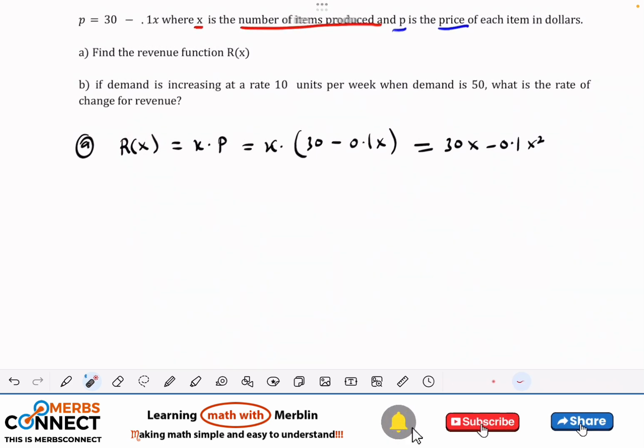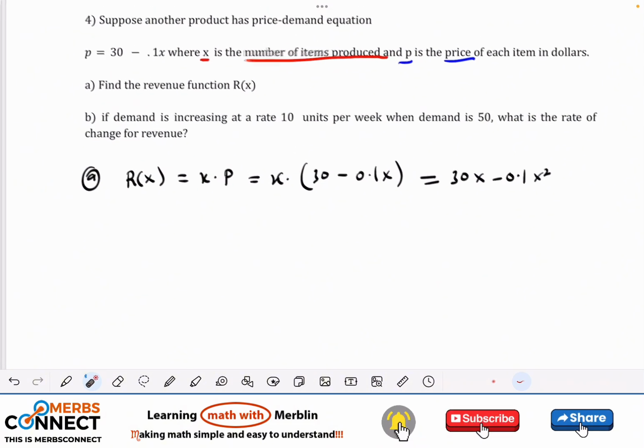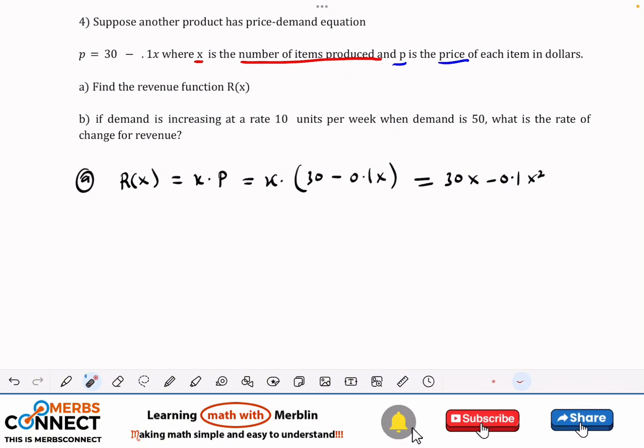Now, if demand is increasing, we ask ourselves, what is demand? If demand is increasing at the rate of 10 units per week, when demand is 50, what is the rate of change for revenue? So what is the demand?